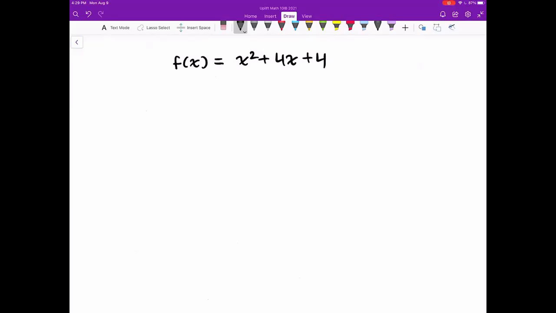Not sure if it's harder, but here, do you want to choose a random number? Like 0. Sure, that works. So if we input 0 as x, we replace all the x's. So we have 0 squared plus 4 times 0 plus 4. And that just gives us 4.